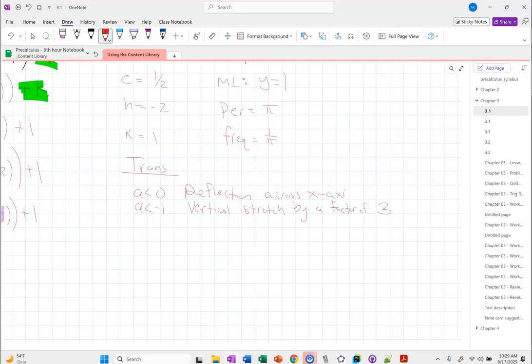And C is greater than 0, so there's a reflection across the y-axis. So C is greater than 0, so there's no reflection for positive C's. Negatives make the reflection. But you're pretty good. Keep on going.